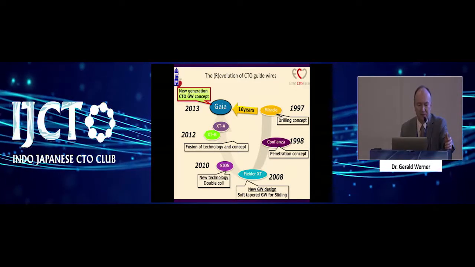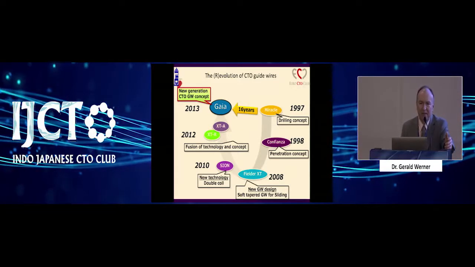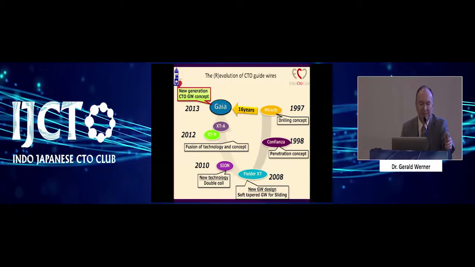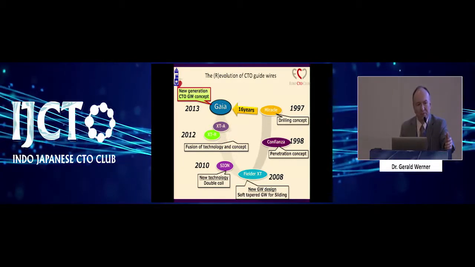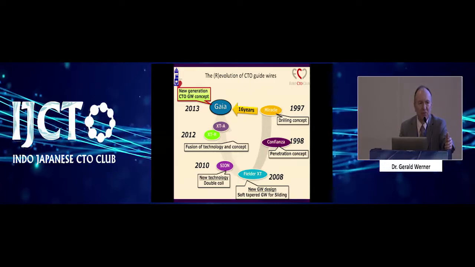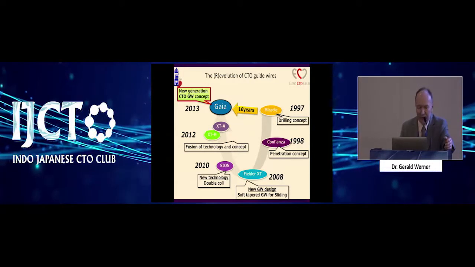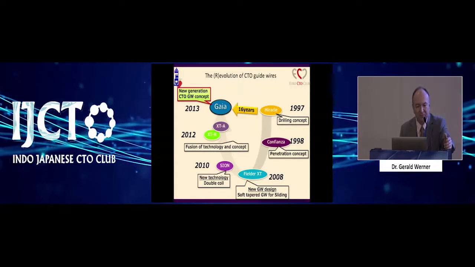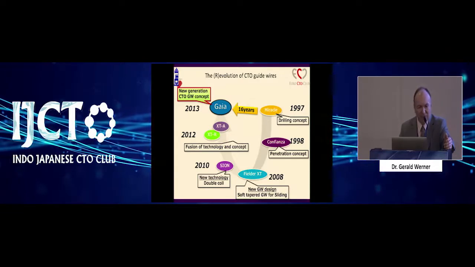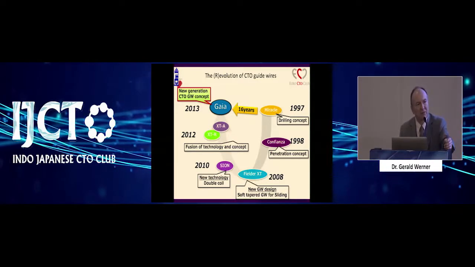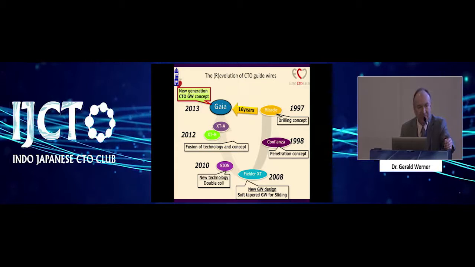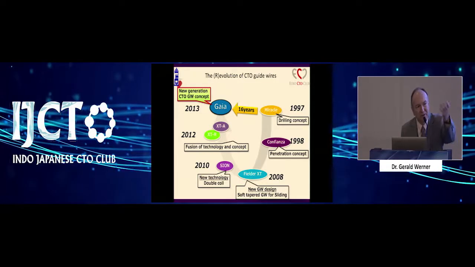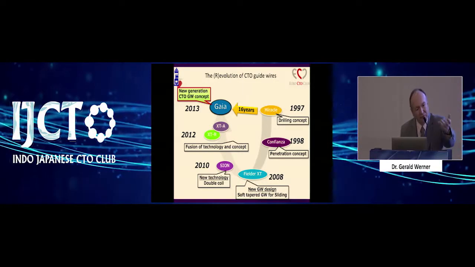Confianza is still around. Then there was a long gap of 10 years until the XT came. And then a shorter period, and now an escalation of new wires, which every wire you have to get familiar with. And of course, you should also discard some of the old wires. Nobody is driving around with an old standard when you have a new Maruti.